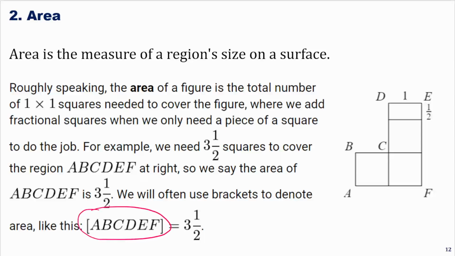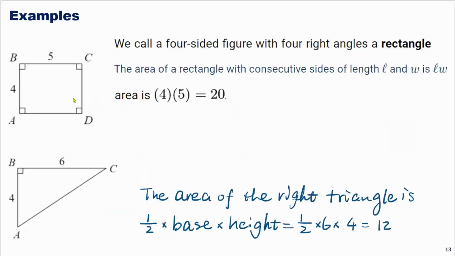Are you clear? Yes. So let's have a look at some examples. We call a four-sided figure with 4 right angles a rectangle, and we know the area of a rectangle with consecutive sides of lengths L and W is L by W. So in the figure on the left, the area of that rectangle is 4 by 5, which is 20, right?